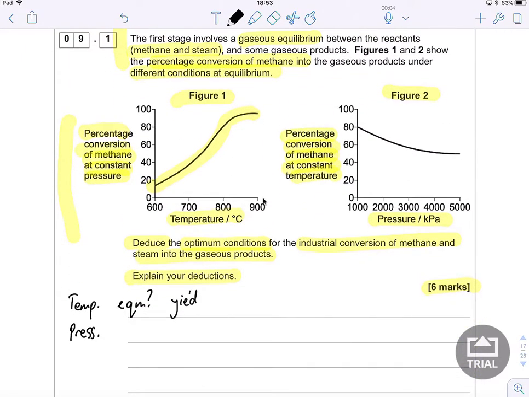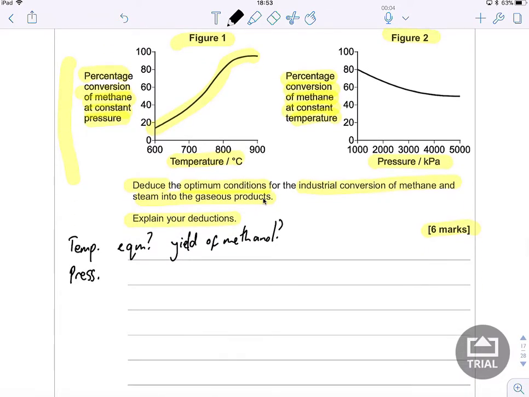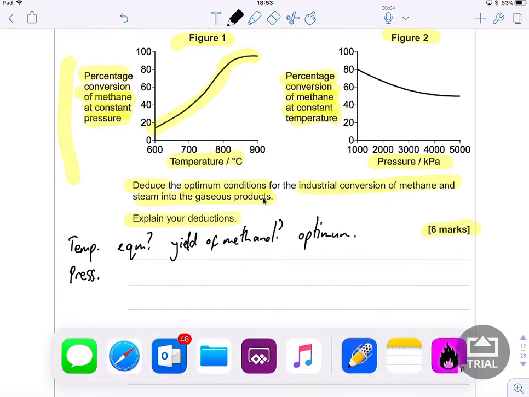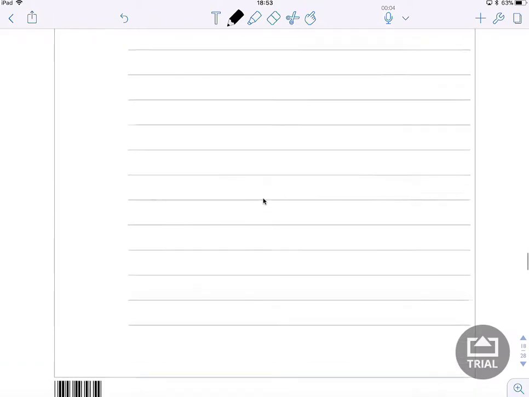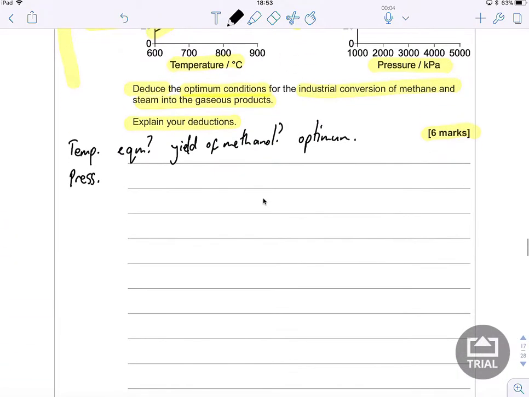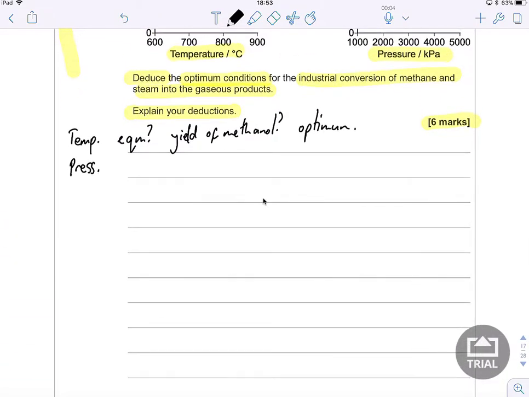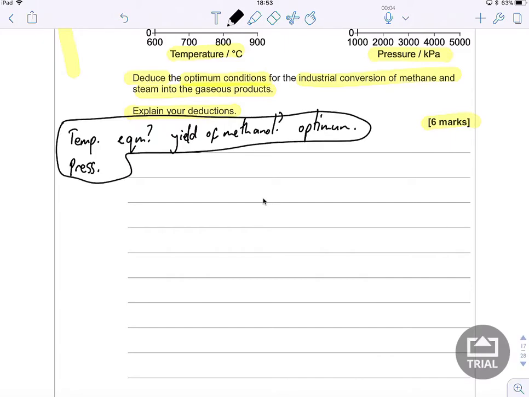Methanol. And then I've got to talk about optimum conditions. Okay, I've got a lot of space to do that in. I'm not going to need to take up that much space at all. So I'm just going to box that little thought process or plan off. I'm going to basically bullet point this.